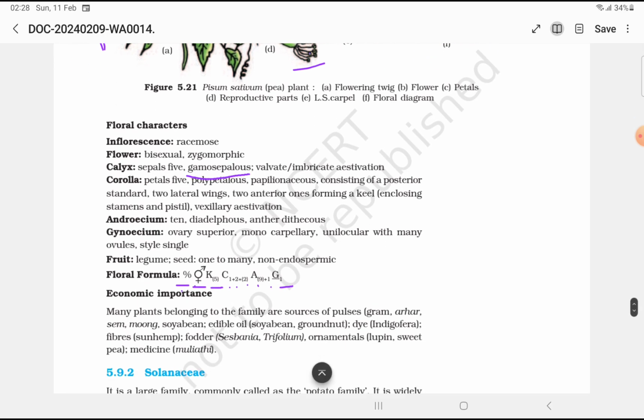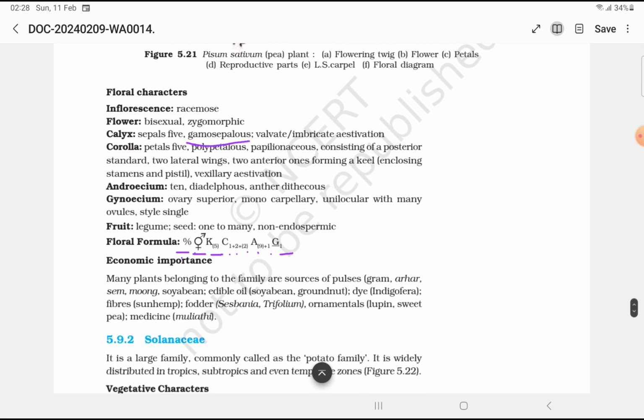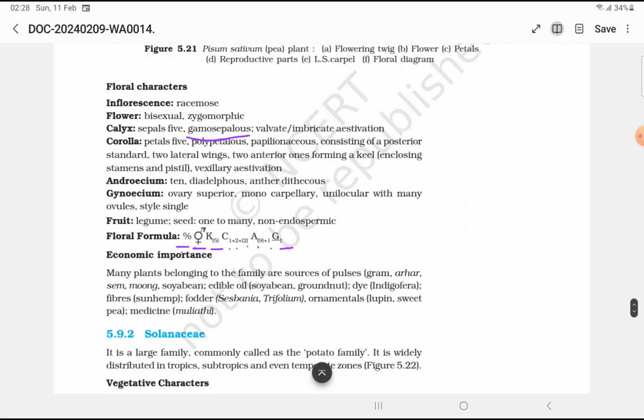And when you talk about economic importance, many plants belonging to the family are sources of pulses: gram, arhar, sem, moong, soybean. Edible oils: soybean, groundnut. Dye: Indigofera tinctoria is a plant from which you can extract dye, a violet color shade, a very small flower but very beautiful. Fiber: sun hemp.